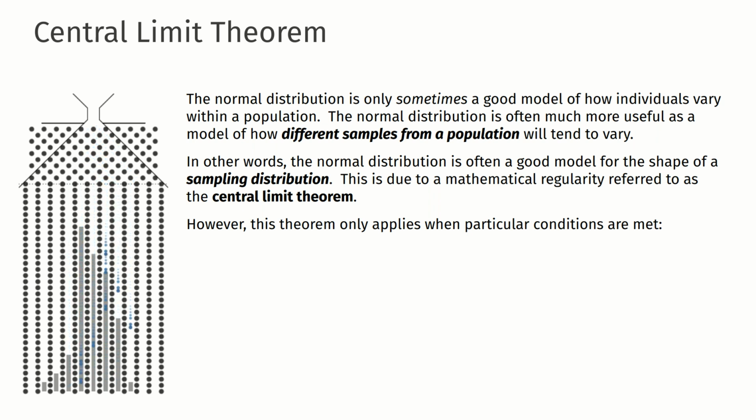In other words, the normal distribution is more often a good model for the shape of a sampling distribution, not a population distribution. And the reason why it works that way is due to a mathematical regularity referred to as the central limit theorem.